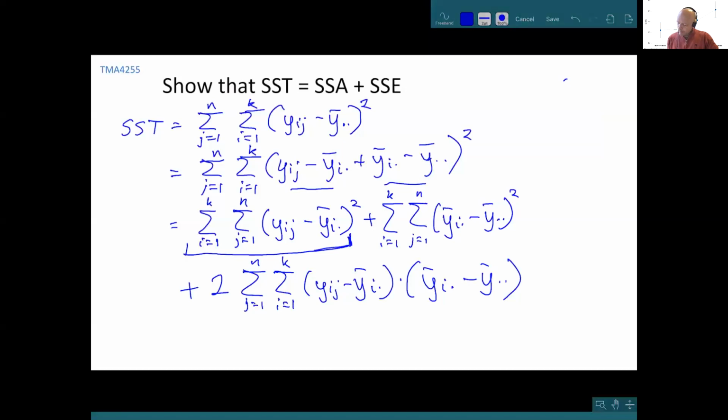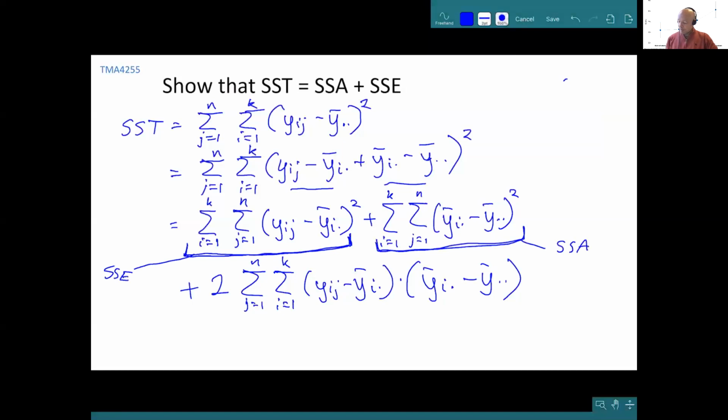This is the difference from all data to its group mean. So this is actually SSE. And this part is the difference from all the group means to the grand average. So this is the variability between groups, which we called SSA.